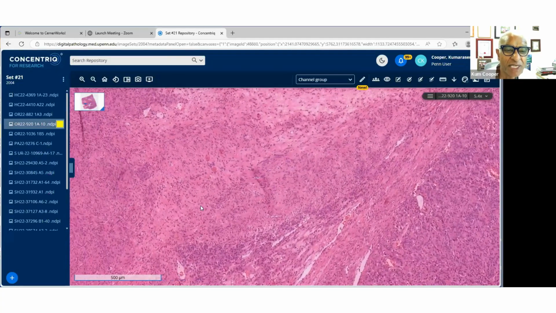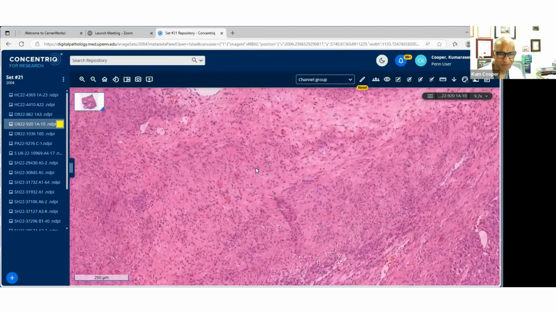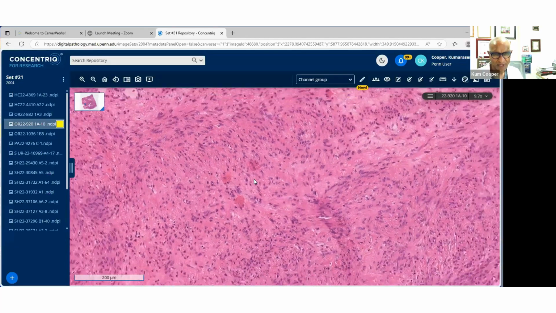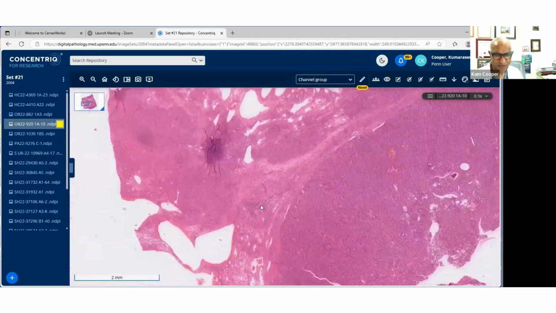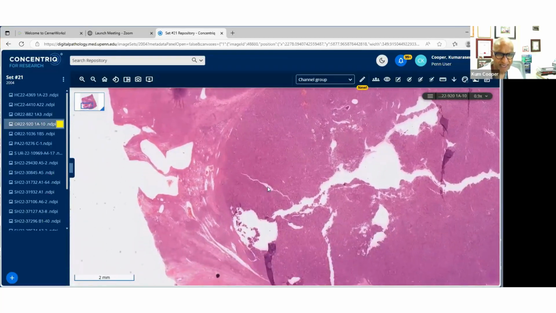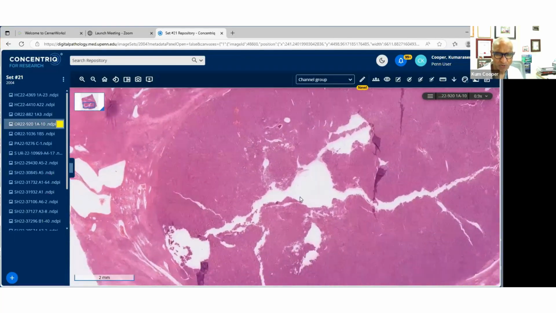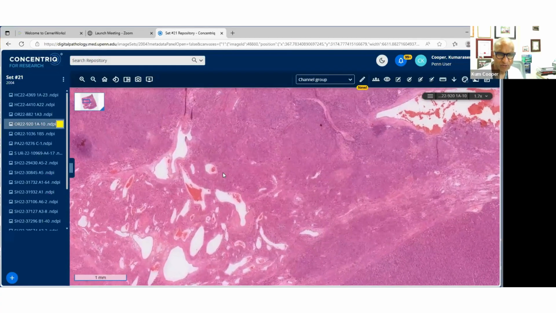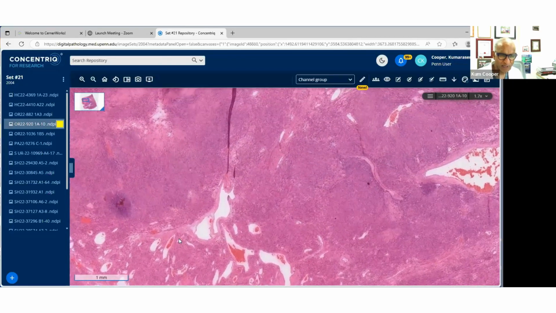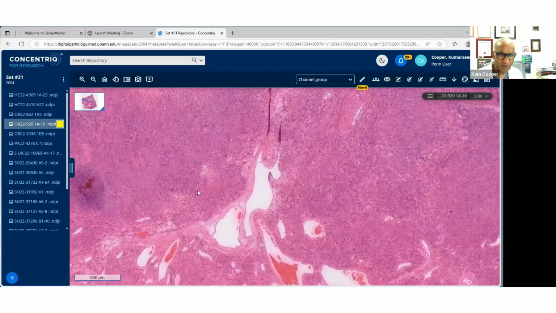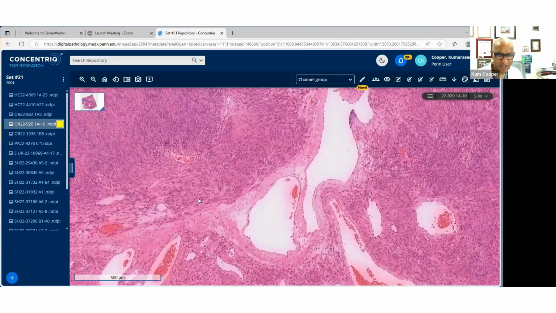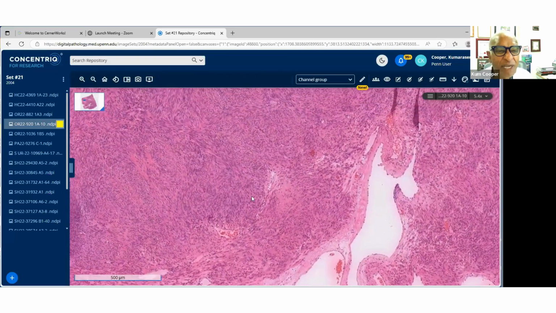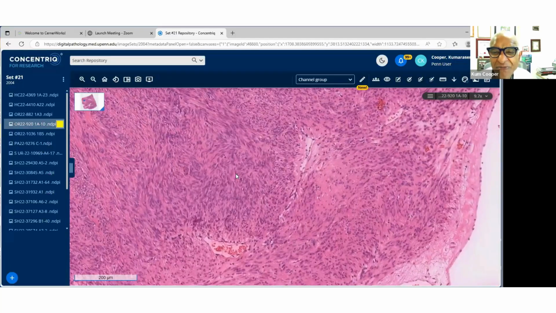Right, it says pelvic mass, but this looks like myometrium. All right, I'll give you that. This is in the myometrium, and seems to have overstained or overscanned the color. But you can see this huge mass here, as well as these islands of tumor involving the myometrium. So we can go anywhere here and just look at this closer, higher power, just to see the cytomorphology. Mainly spindle cells in this area.